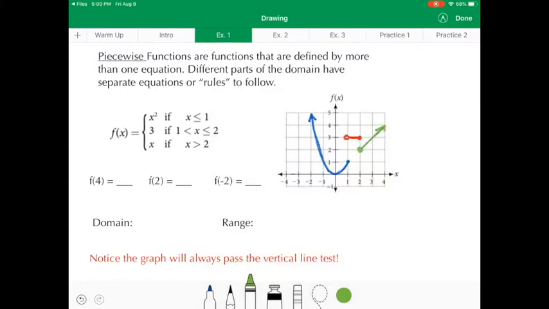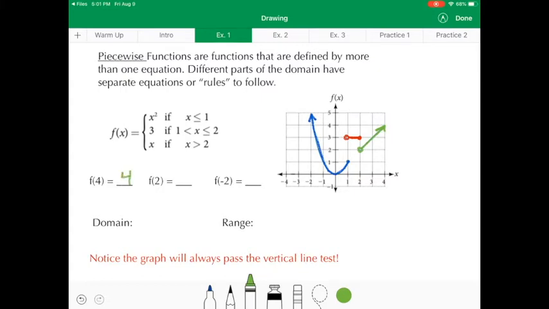One thing you should be able to do is evaluate a piecewise function with different values in the domain. So f of 4 for this particular function. You want to find which rule should be used for the x value of 4. 4 fits into the bottom domain right here of x greater than 2. So we're going to say that f of 4 equals 4.